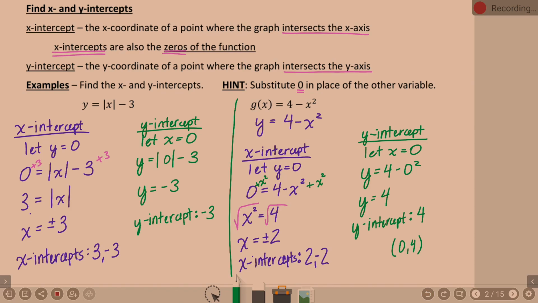You could have the ordered pairs over here of (2, 0) and (-2, 0). Okay, so just some notation. Just trying to not totally throw you off when you look in the homework and whatnot. Okay, questions there? Okay, moving on.